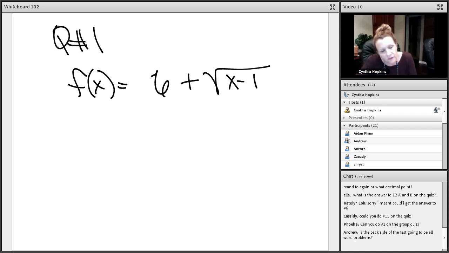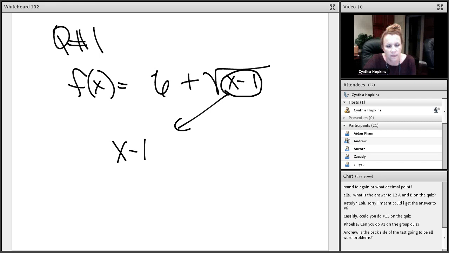Well, if I have a variable expression inside the radical, I know I do not want the stuff inside to be negative, because if it was, then that would not be real. Having a negative inside of a square root is what gives us imaginary or complex numbers. So I'm going to take that x minus 1 and say it needs to be positive or 0.